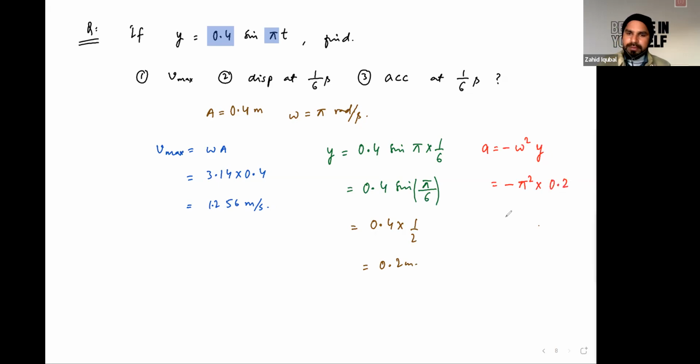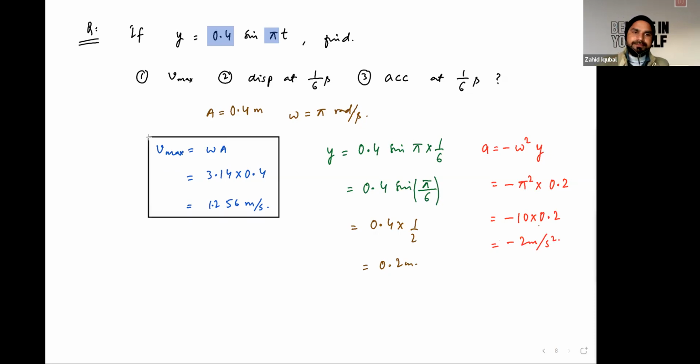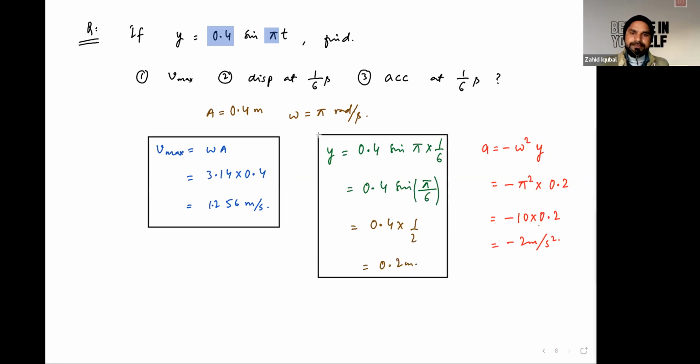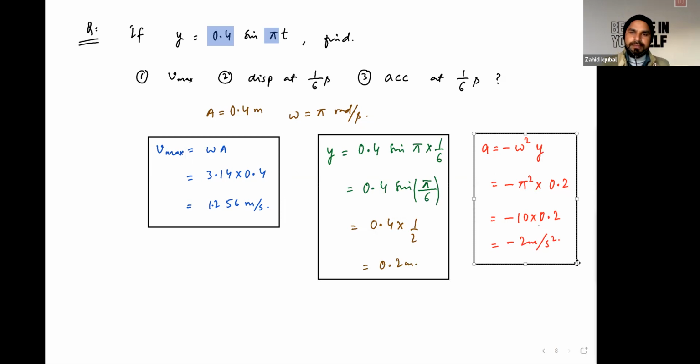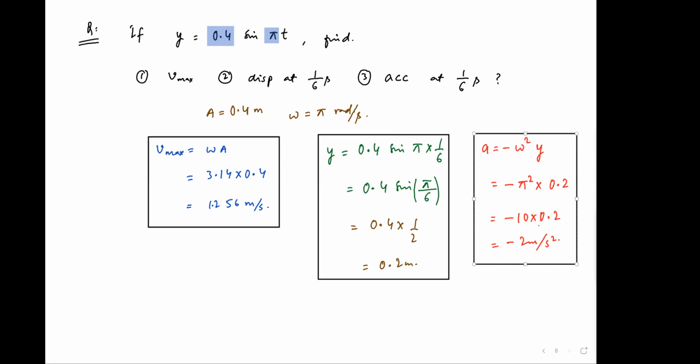So for calculation purpose, you may write pi square as 10. So it will be 10 multiplied by 0.2. That will be minus of 2 meter per second squared. Is it clear? Hiba, any doubt? No, sir. Okay, just write it down.